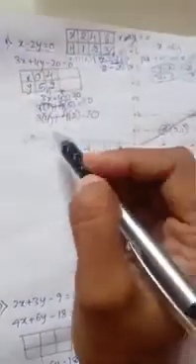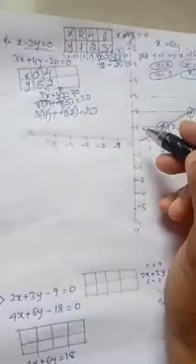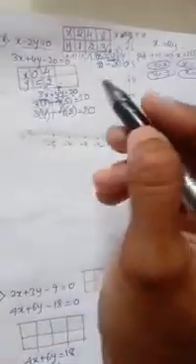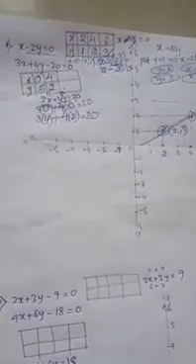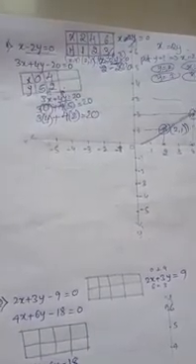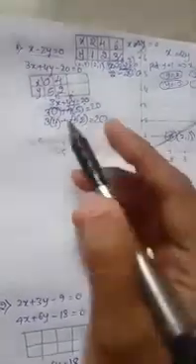We draw a straight line for the equation using only two values. When we have only two values, we can draw a straight line for the equation.